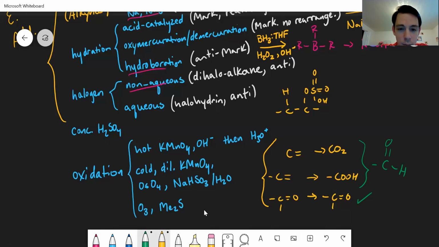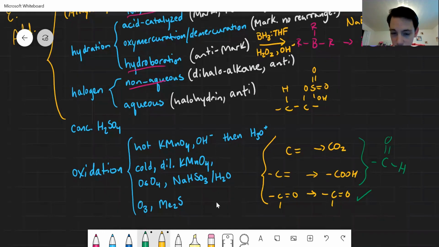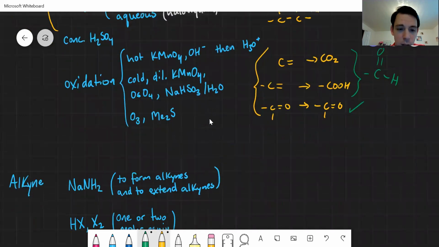Okay, this is also done by hot KMnO4. It makes an aldehyde, but then it further oxidizes that aldehyde, so the aldehyde is very short-lived. If you had an aldehyde in your molecule somewhere, KMnO4 would also oxidize that, although we didn't talk about that in detail, but that's something to look out for.